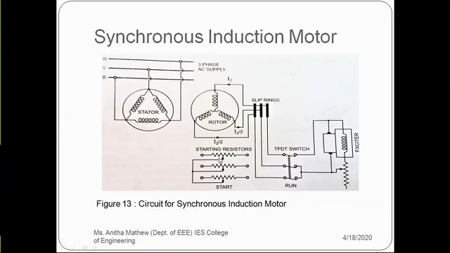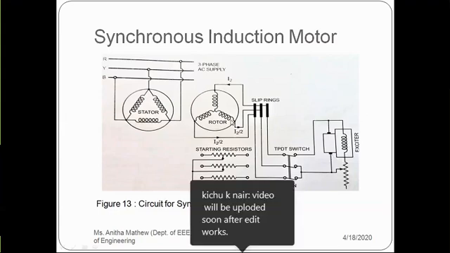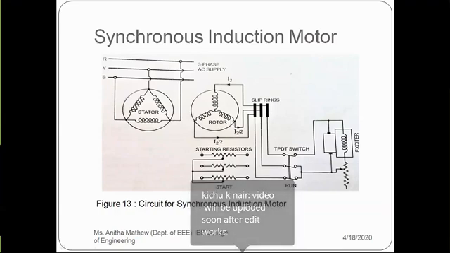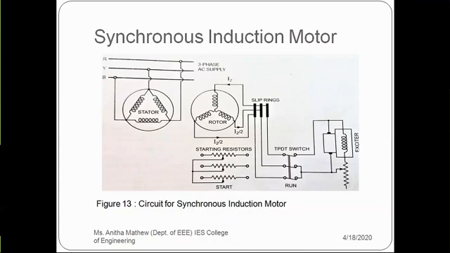When these resistors are cut down fully, the motor will attain the normal running speed. When the motor attains normal running speed, the switch will be switched to the exciter. That DC exciter will excite the rotor in order to produce the rotor poles. As we have already explained, this is the circuit for synchronous induction motor.